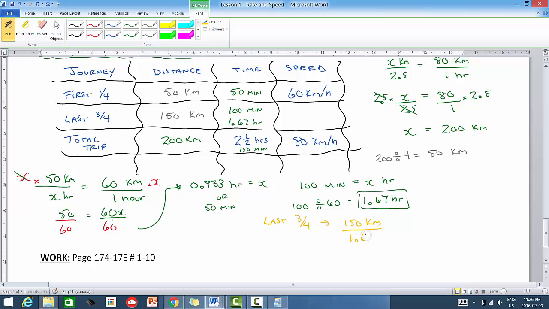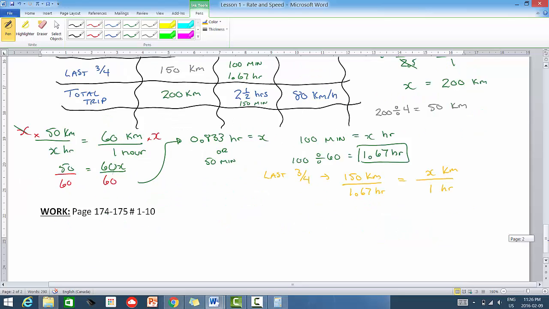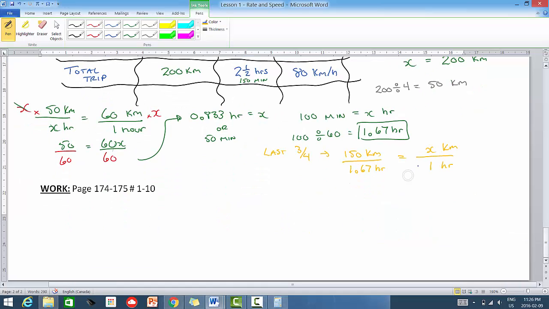What we want to find out is how many kilometers in 1 hour they're going. So again, we do our little thing with the 1, multiply by 1, the 1's cancel out. Really don't have to do anything with it.